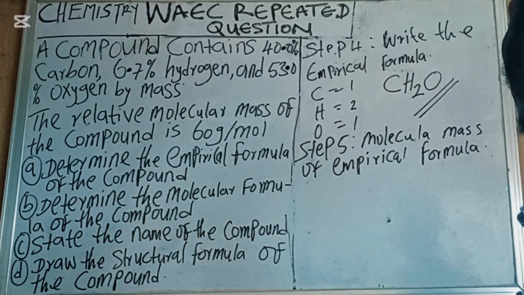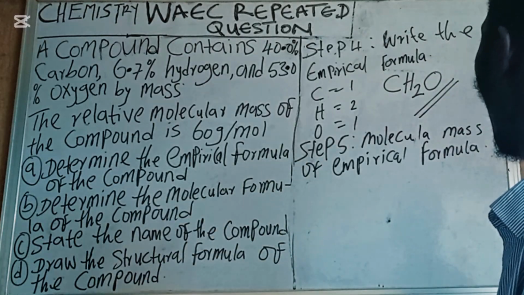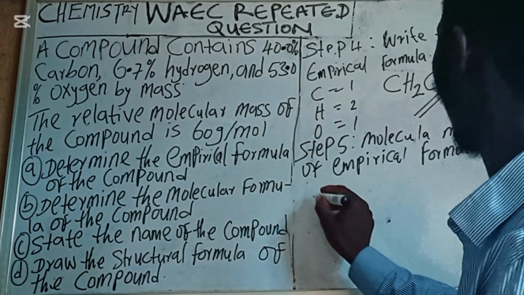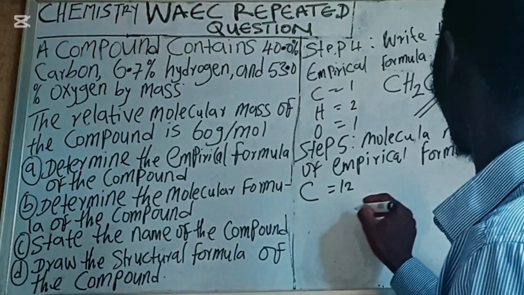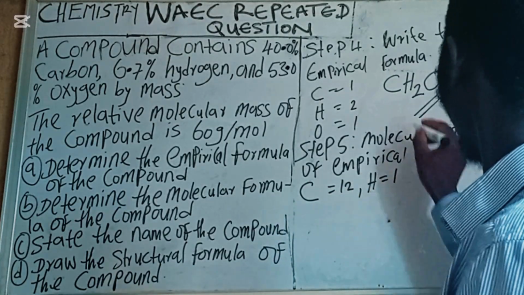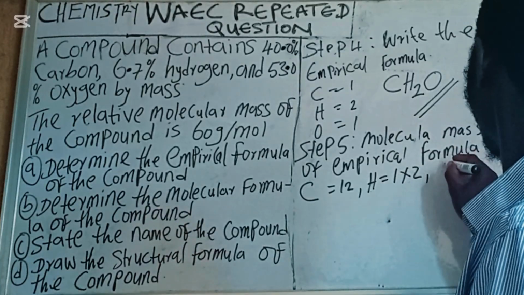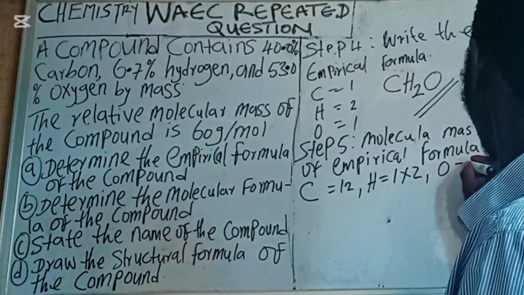So for the empirical formula, we have CH2O, and the molar mass of carbon is 12 and hydrogen is 1, but we have 2 hydrogens there, so we multiply by 2, and then oxygen is 16.